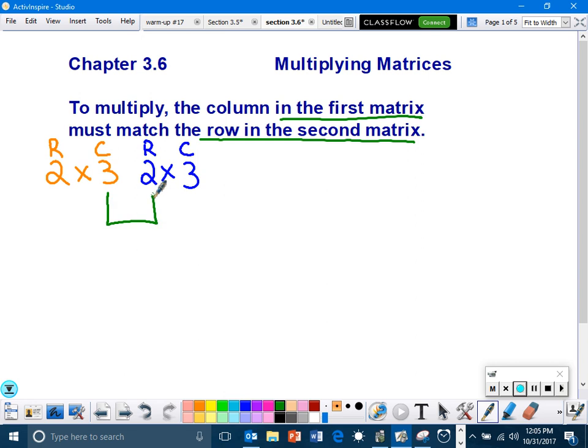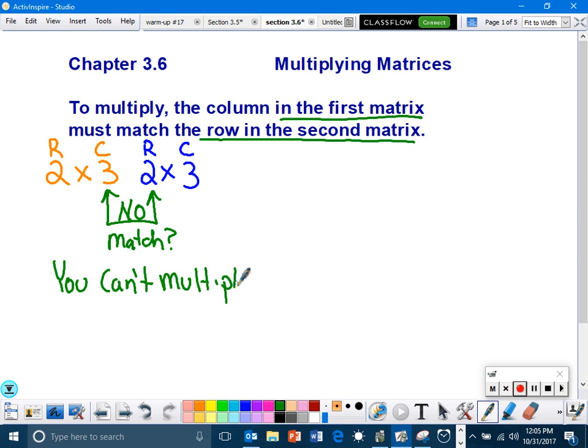So these two must match. Question mark. Well, no, they do not. They do not match. So if you have matrices that look like that, you can't multiply them.